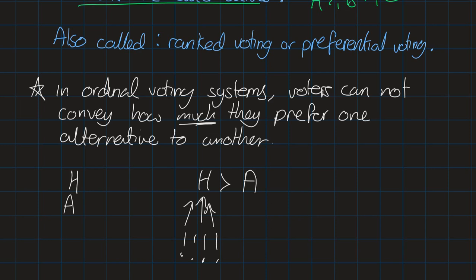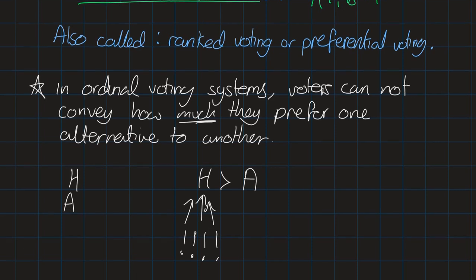Okay? But in an ordinal voting system, you can't really emphasize by how much you prefer something. You can only say, I think H is better than A. You can't say by how great a magnitude you think H is better than A.